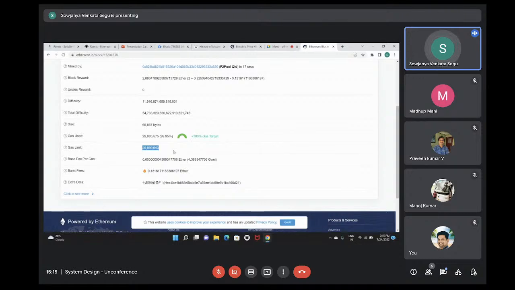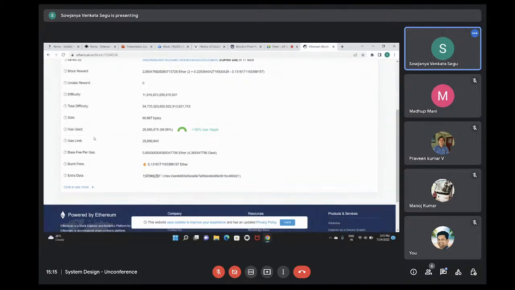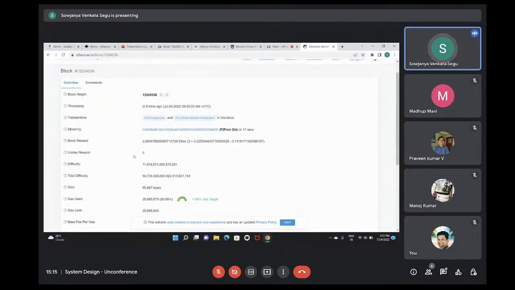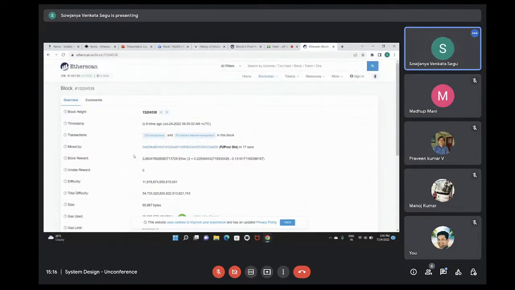This is to avoid any infinite loops that people have written in the smart contracts. Otherwise, it will eat up the network. Also, it will control the number of transactions that can be included in a block. Gas fees is also used to control the invalid transactions or the dummy transactions that people want to play with.